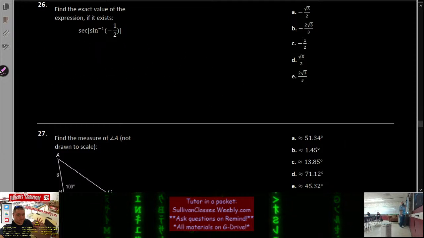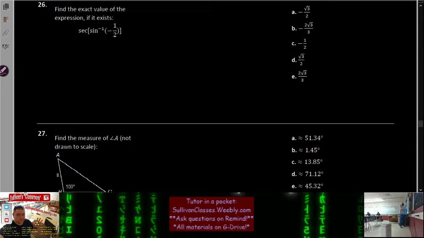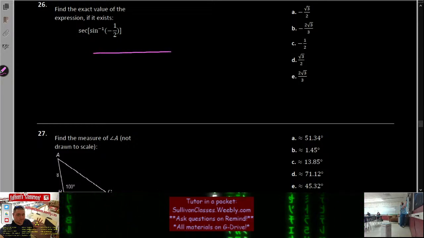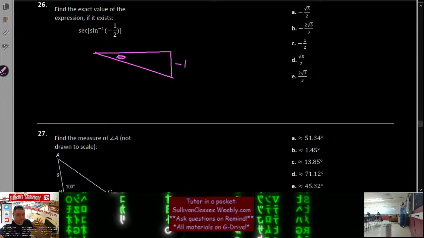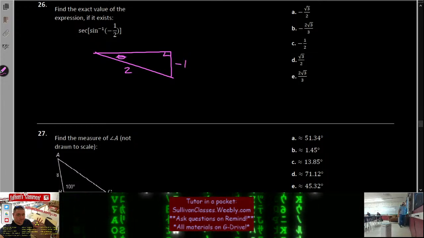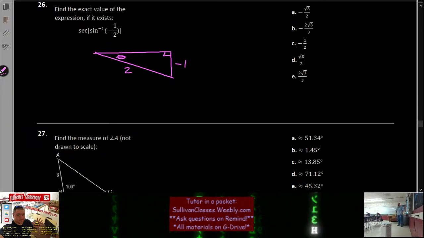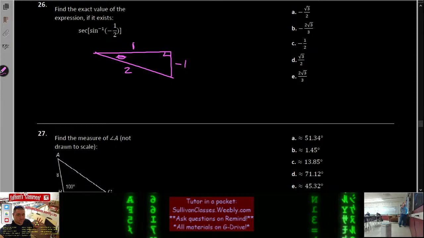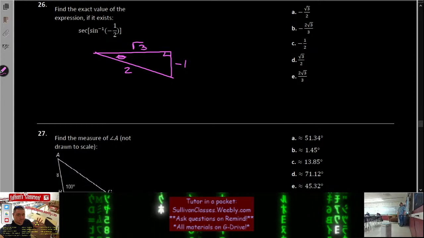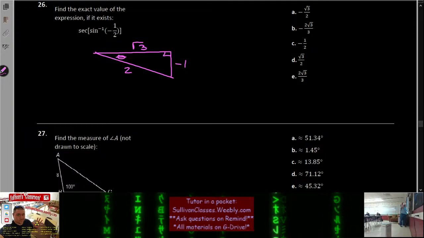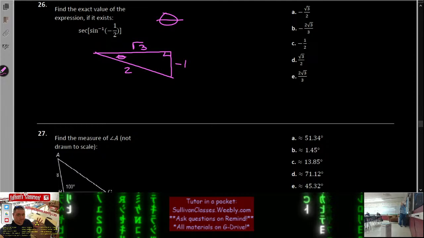Or you can always reinvent the wheel. Sine is negative 1/2. Okay, negative 1 over 2. Do Pythagorean. Find the missing side. If I do the arcsine of this, I will get theta, whatever mystery theta is.